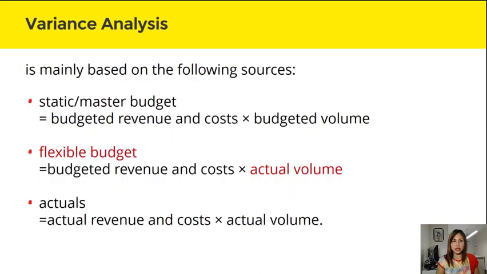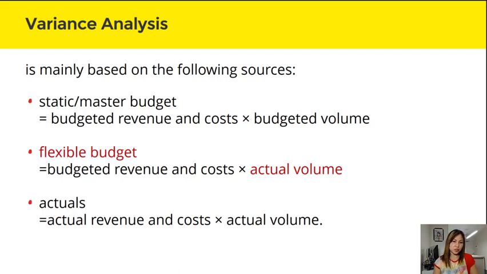So in summary, if we want to do variance analysis, we will need to look at three different sources. The first one is the static or master budget. This is what you discussed last week. The master budget consists of budgeted or standard revenue and cost times budgeted volumes.